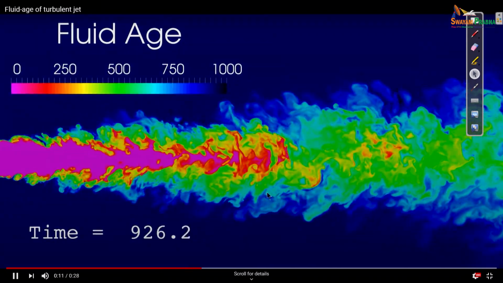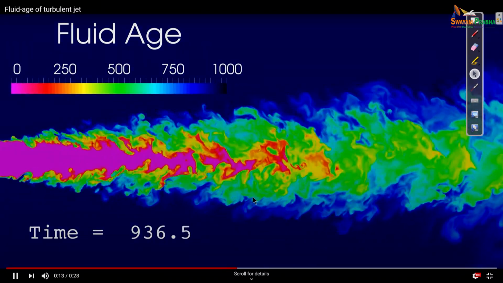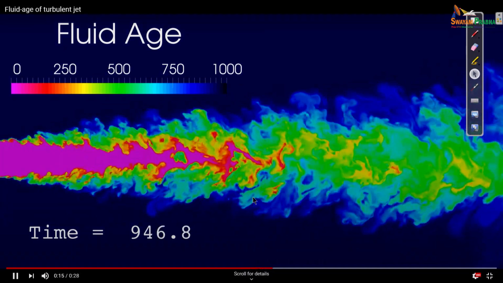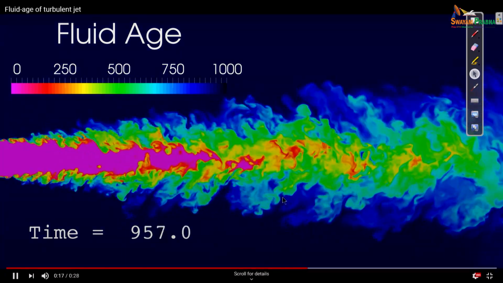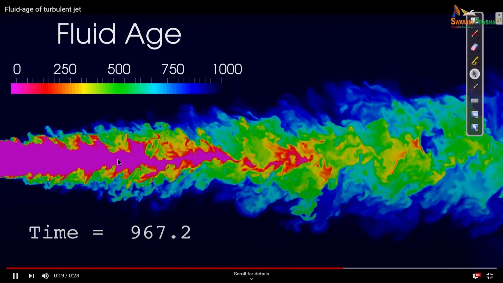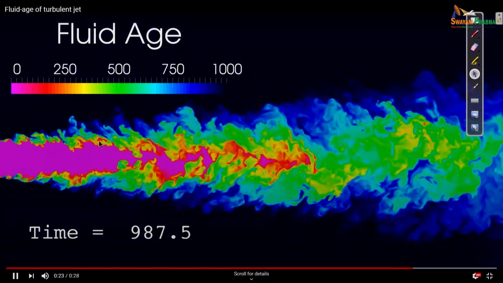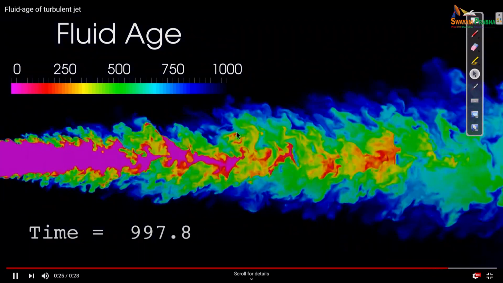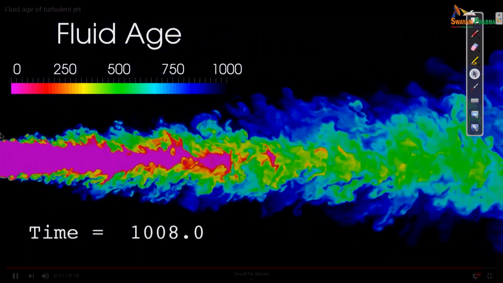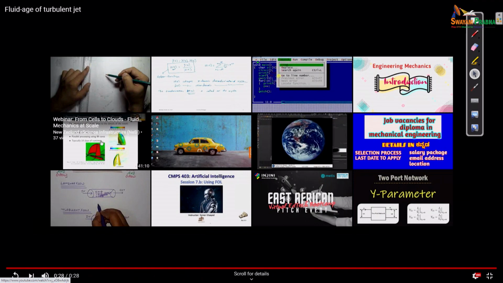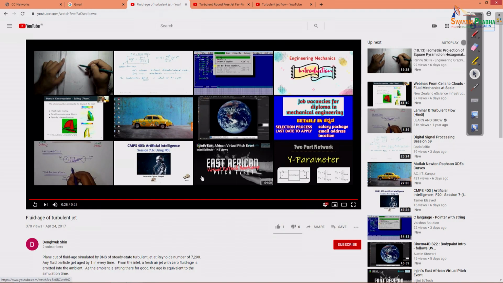There is a certain part in the middle which just remains as is, and then the sides start blurring out a little bit. But there is one part in the middle which remains pretty much in its place.